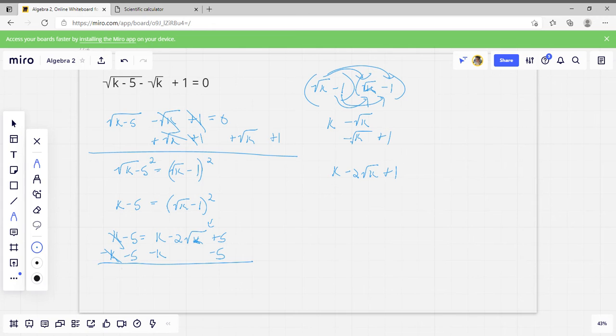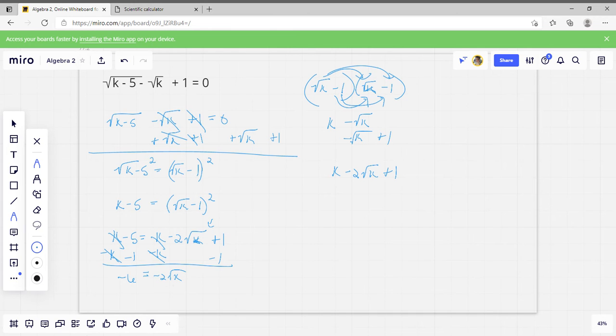And we're going to end up with, let's see, -10 equals -2 times the square root of k. Oh, no, that's not plus 5, that's plus 1. Whoopsie. That makes more sense now. -2 times square root of k plus 1. There we go. So now we do -1, and we get -6.